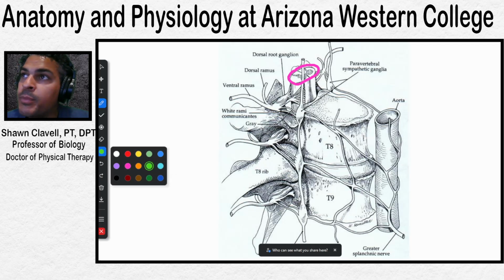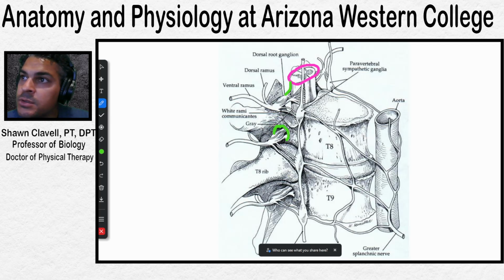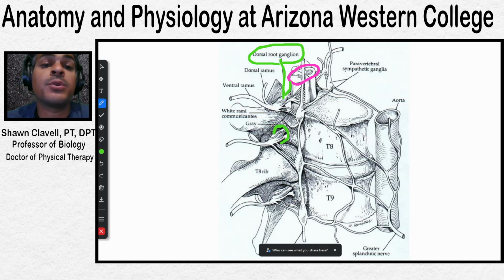Let's go from the spinal cord to the peripheral nervous system here. Once we leave the intervertebral foramen, that's this structure right here that I'm circling, there's a dorsal root ganglion. This is a group of cell bodies inside of the peripheral nervous system, outside of the spinal cord.